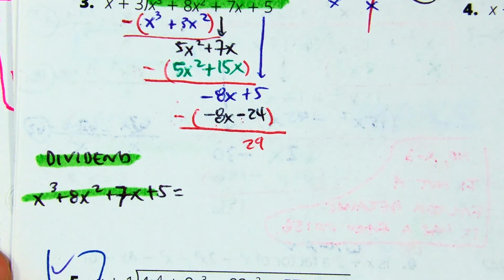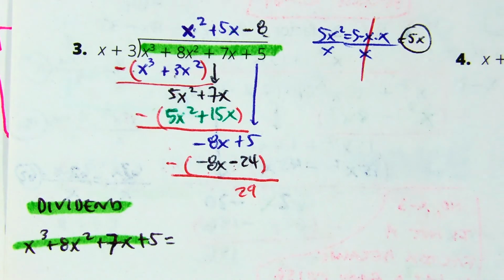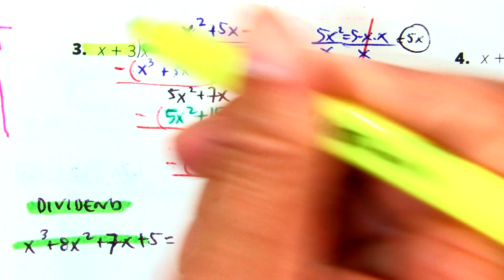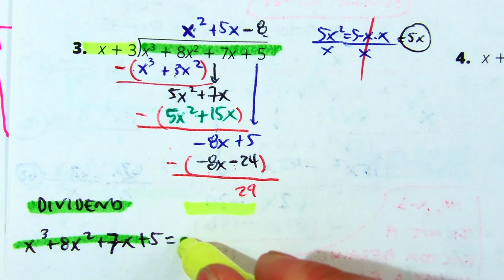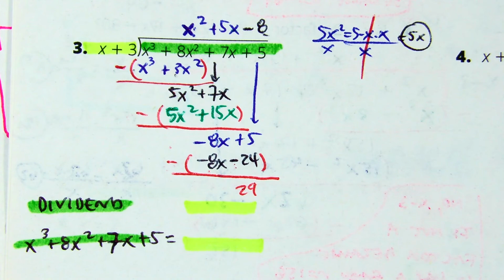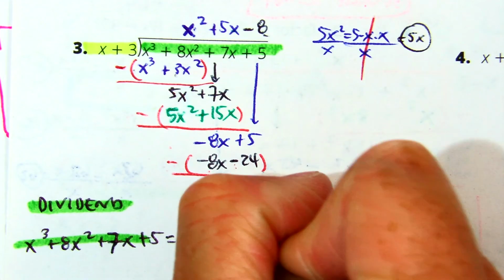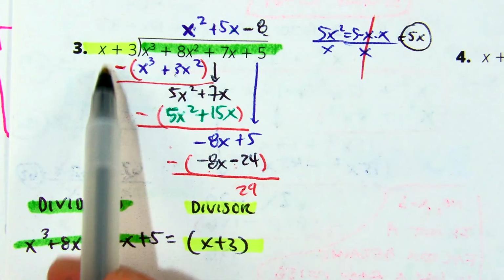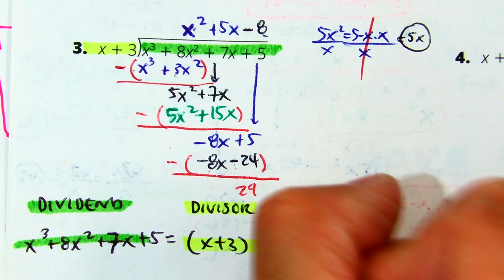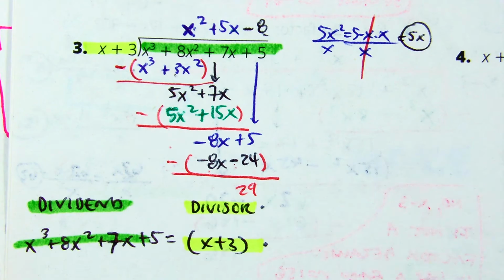The divisor. Put your finger on the divisor. Like a sun visor. You're outside. It's outside there. That is the divisor. That is x plus 3. Product times the quotient.